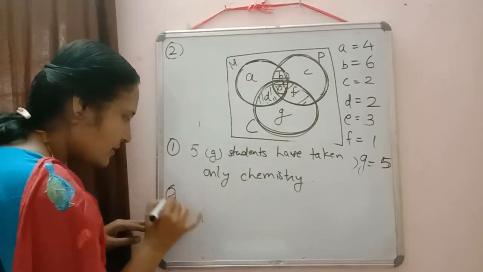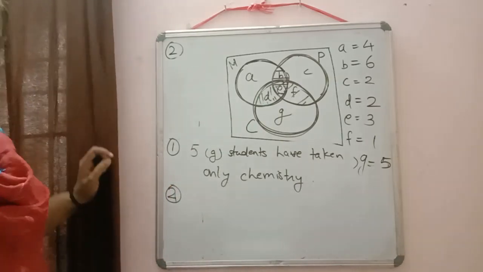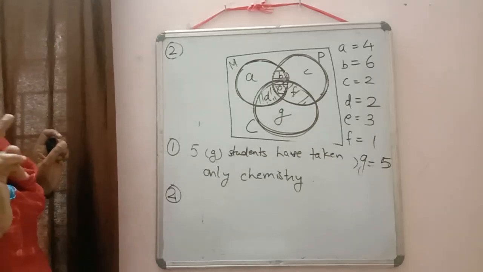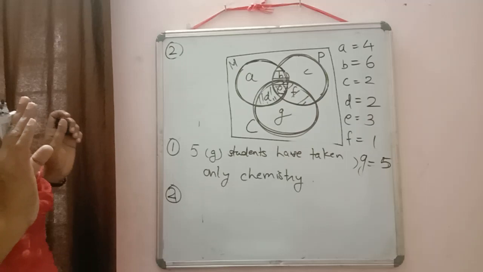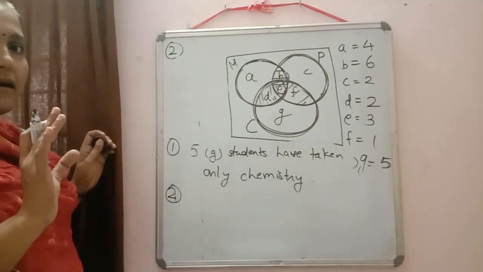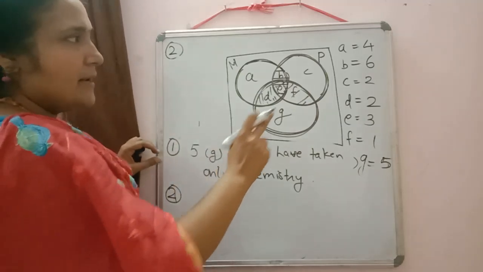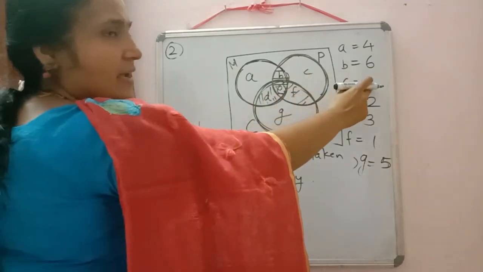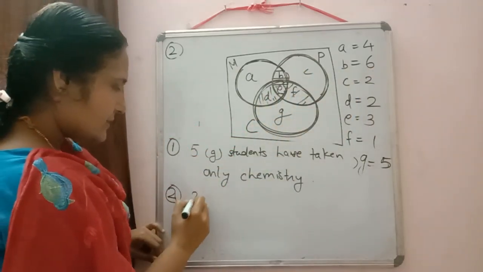Now second one. In the second one, what is written? Only physics. So now can you tell me which region denotes the number of students who have taken only physics? Yes, only physics will be denoted by the letter C. And what is the value of C? 2. So you can write down the answer 2.